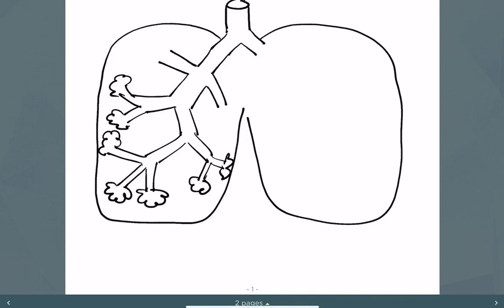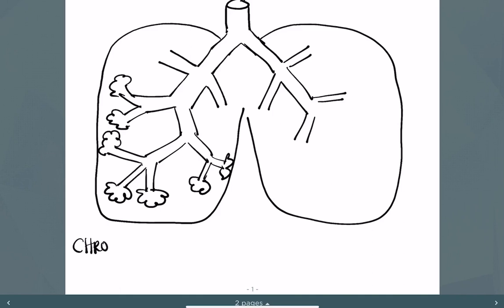All right, that's pretty good for one side. We'll do the same thing over here, get some branches coming off. And I'm going to leave this like this for right now. We're going to add to that side in a minute. All right, let's give the left side chronic bronchitis.